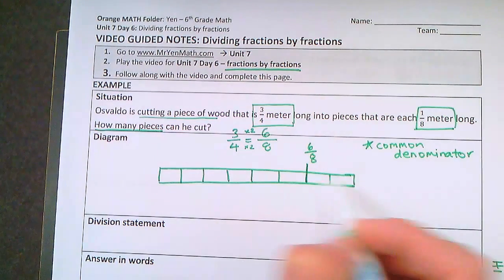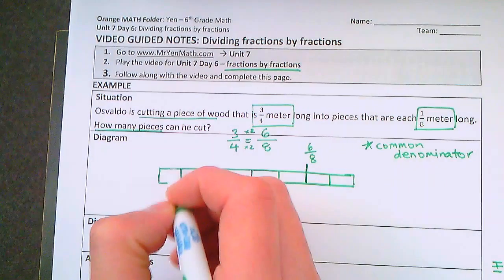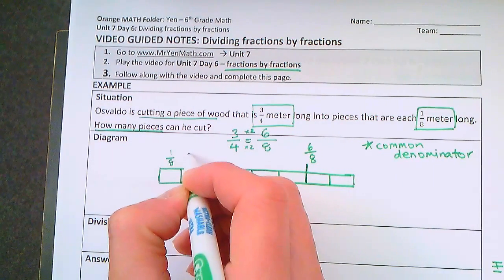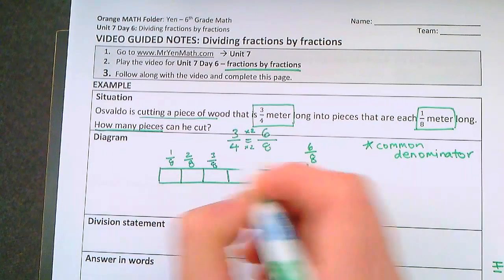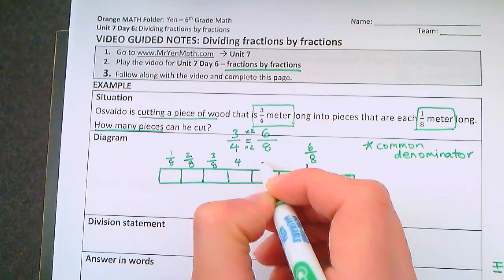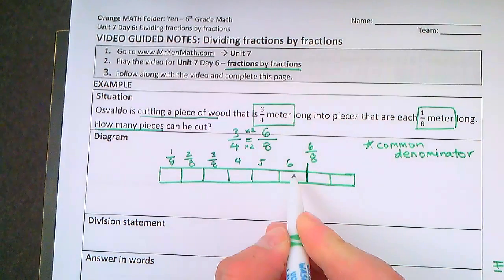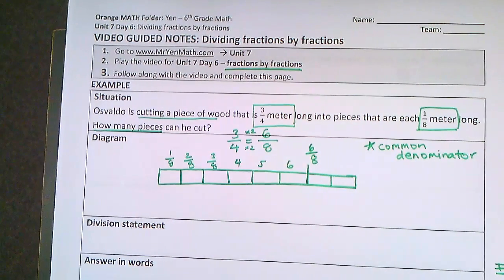And since we split this whole piece of wood already into eighths, here's 1/8, 2/8, 3/8, right, 4, 5, 6, all eighths. So there's 6 sections each that are 1/8 long.